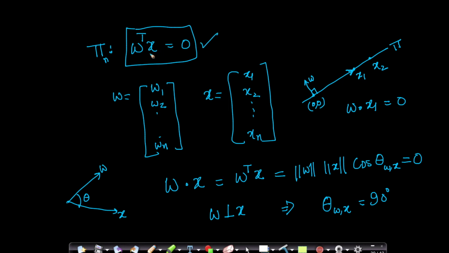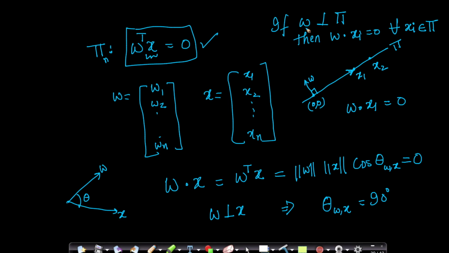So if instead of this x, I replace it with any point on the plane, then W transpose x equals 0, because if W is perpendicular to my plane, then W dot xi equals 0 for all xi which belong to my plane.